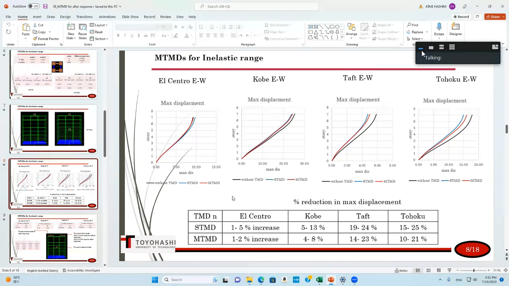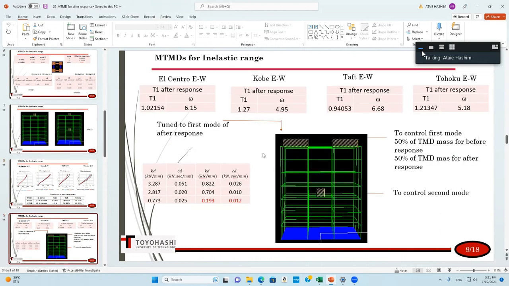So I was thinking that if a structure gets damaged, the stiffness decreases, then there has to be one or two or many other TMDs to be tuned after damage.